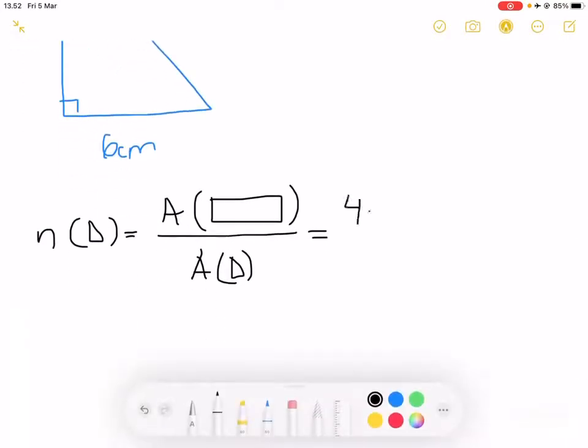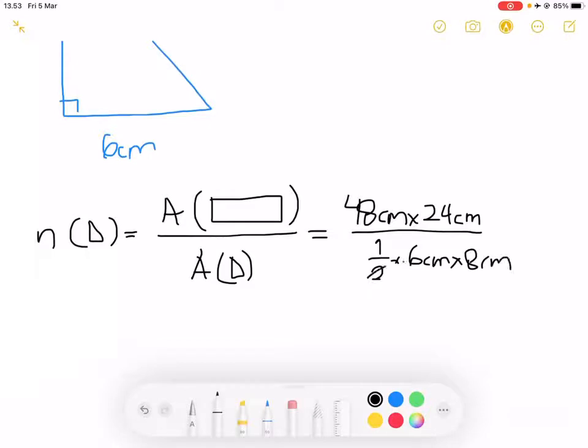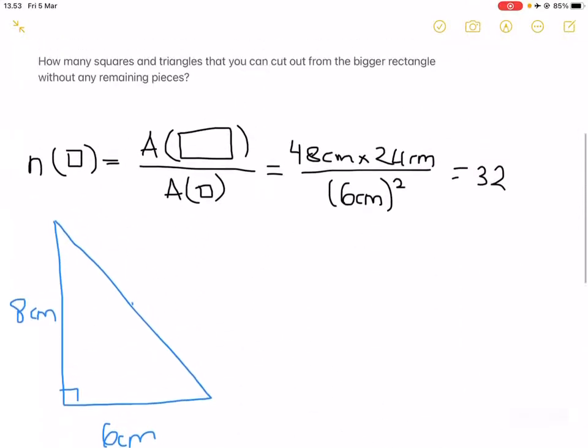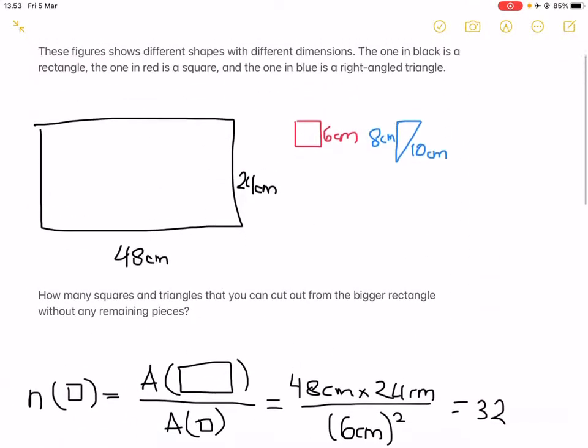So we have 48 centimeters times 24 centimeters all over the formula for the area of a triangle, which is half times 6 centimeters times 8 centimeters. You can just cancel some stuff from here. You get 48. Alright, so you can get 48 triangles from this bigger rectangle.